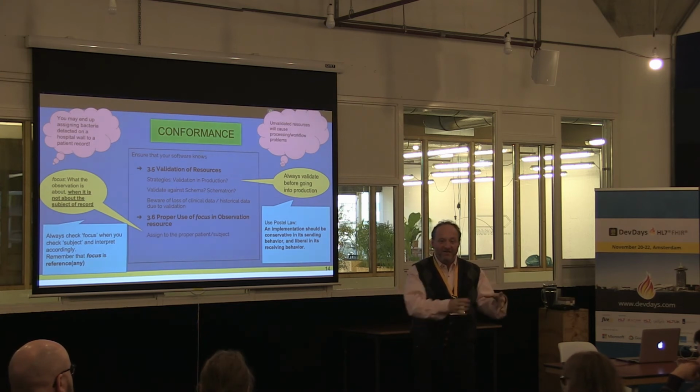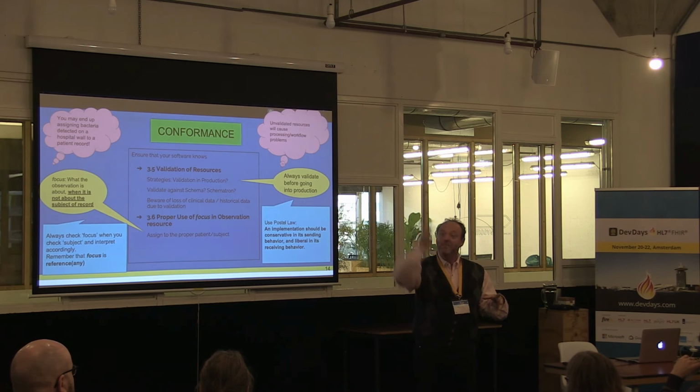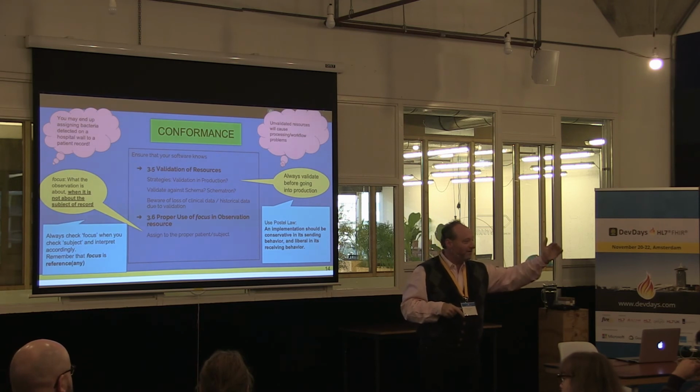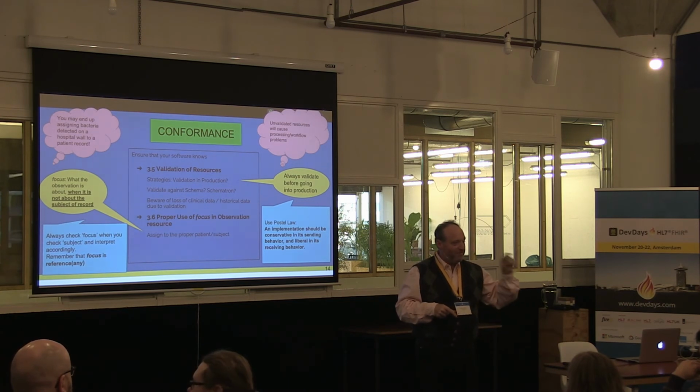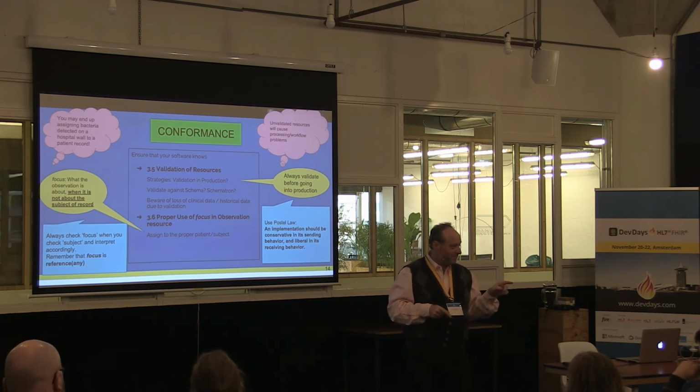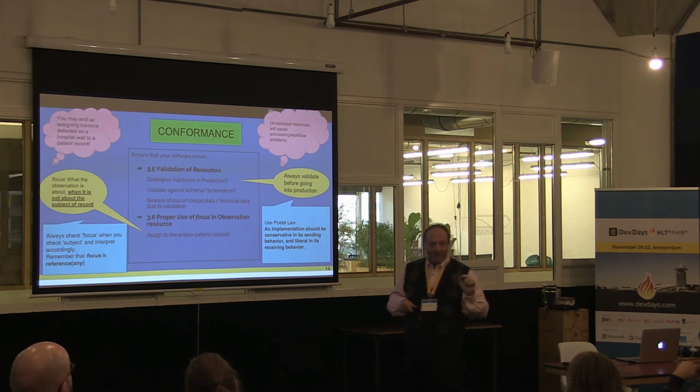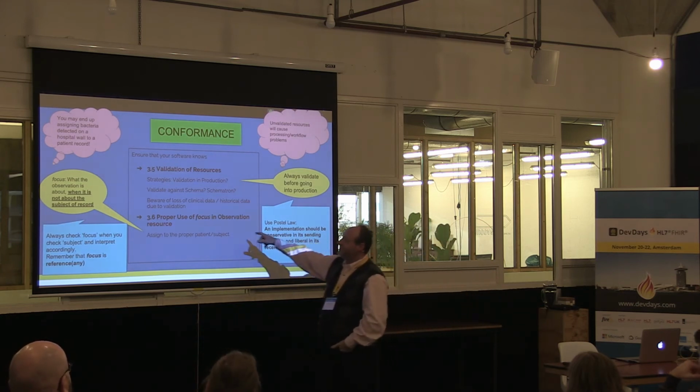this liver has hepatitis. But it's not the patient's liver. It will be the patient's liver. It's related to the patient. Or the patient's father has this condition. It's not the patient. So if you attribute it to the patient, you are wrong. So you have to watch out for focus in observations.